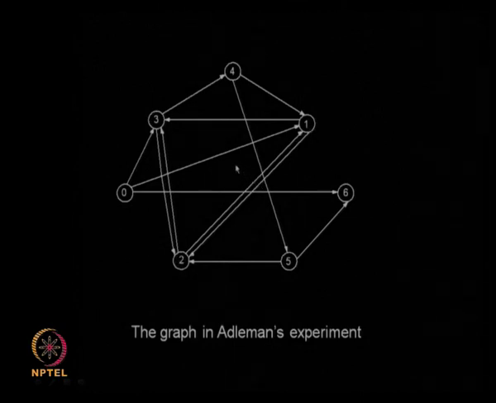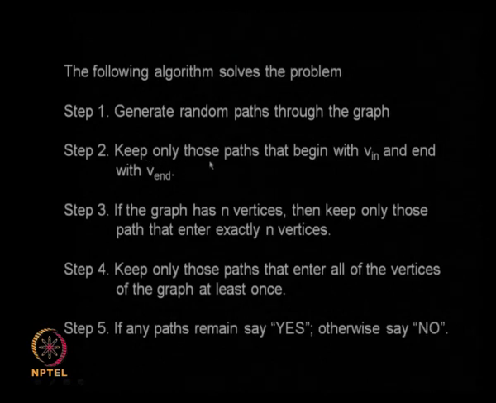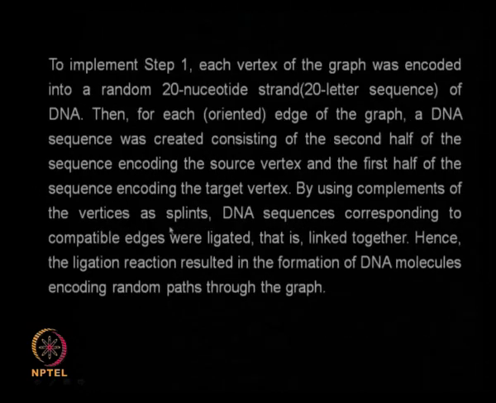But we want to find out the paths between 0 and 6, that is the path should start at 0 and end at 6. That is the second step of the algorithm. Keep only those paths that begin with V in and end with V end. And the third step is if you have n vertices, the length of the path should be n.